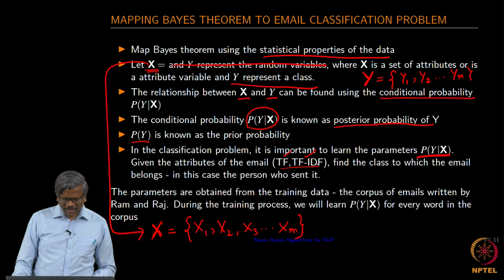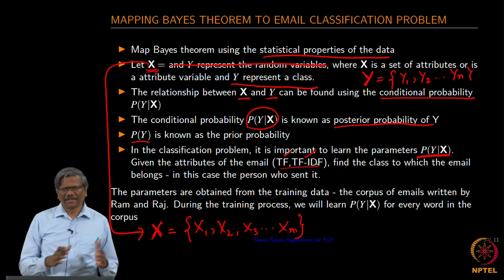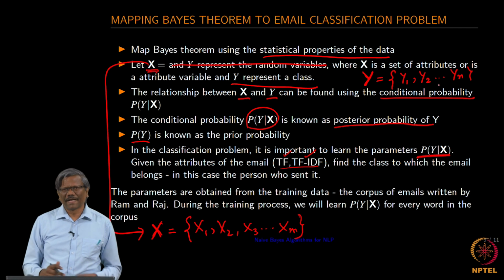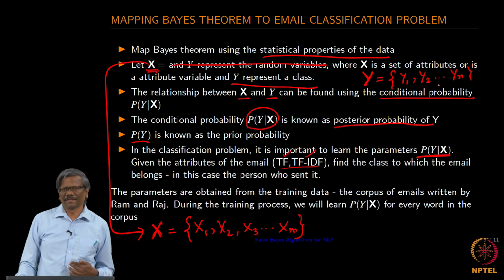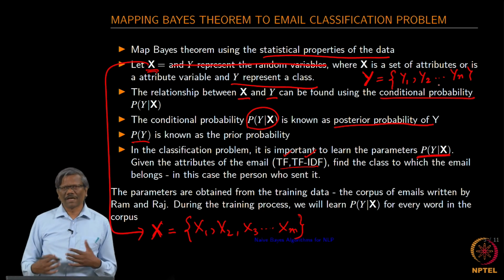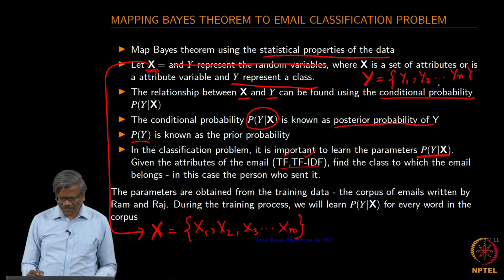So, what we want to find out is, given this set of data and having all the attributes for each of the data set that we are going to be using, to which class a new document that comes in belongs, right.